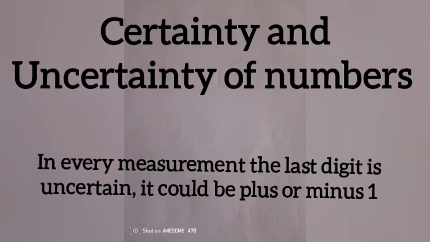Let's at this point also talk about certainty and uncertainty of numbers. In every measurement, the last digit is uncertain. It could be less than that value by 1 or greater than that value by 1, which is plus or minus 1 to the last value.